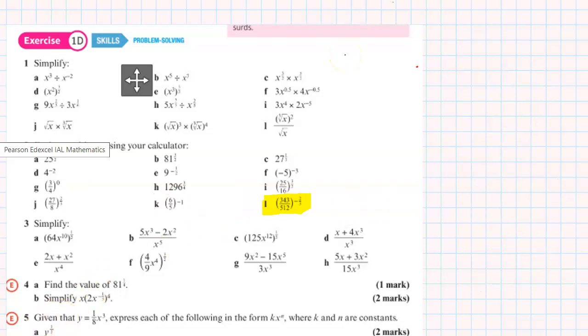Now the third type of questions are simplify. A part is 64 x to the power 10, and the whole of this to the power half. So what will happen is, this is a number and this is an unknown.